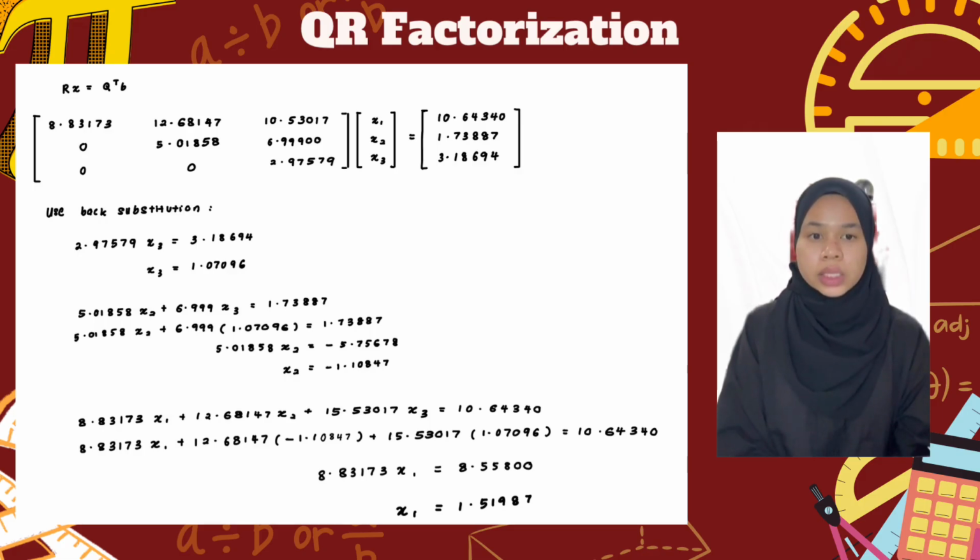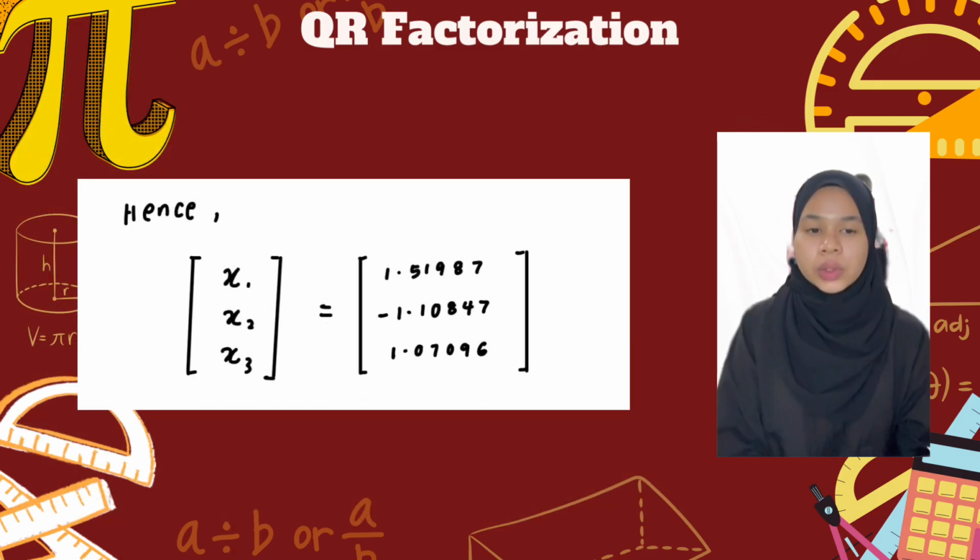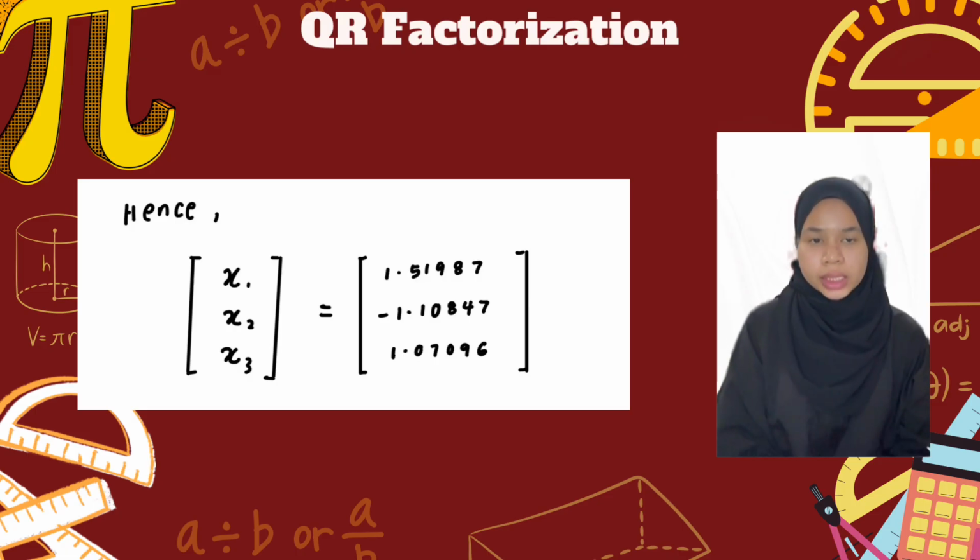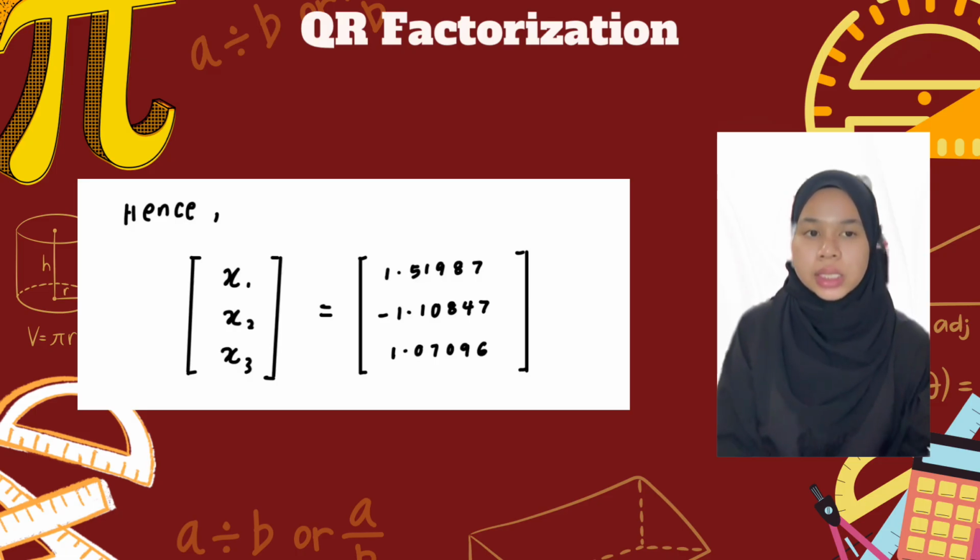Finally, we substitute both x2 and x3 into the first equation, and we will get x1 is equal to 1.51987. Therefore, the solution to the system is 1.51987, negative 1.10847, and 1.07096. In conclusion, QR factorization allows us to solve the system efficiently without computing matrix inverse.